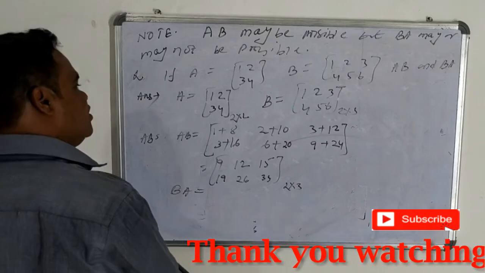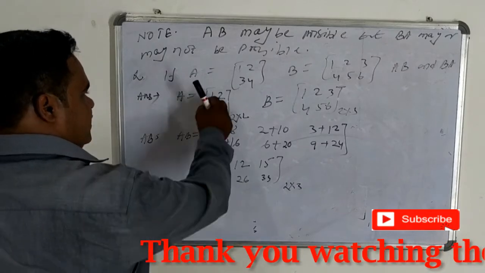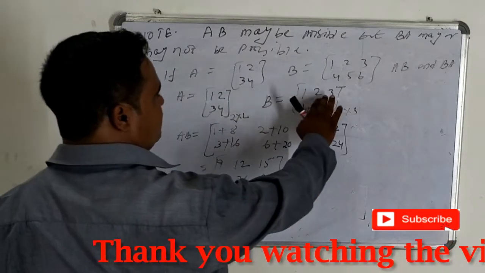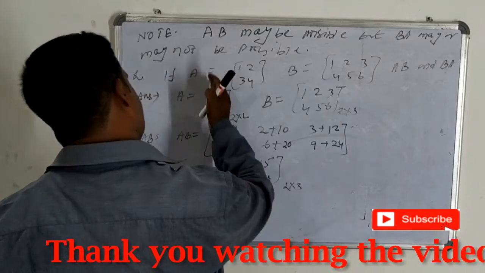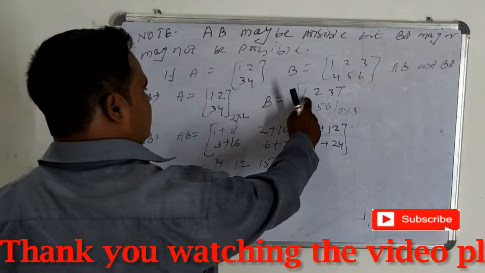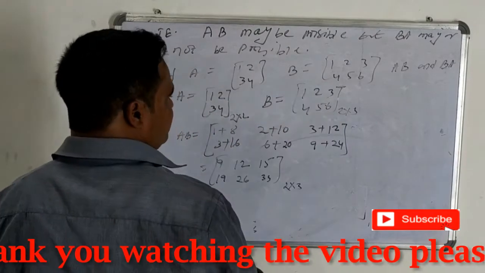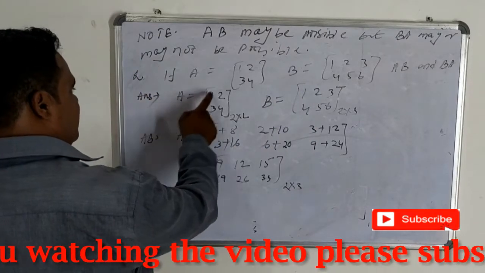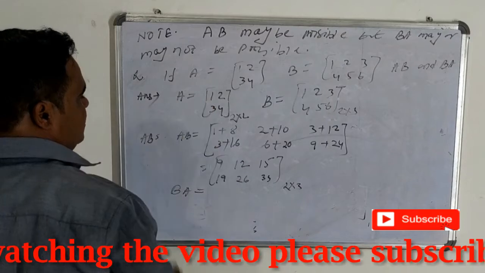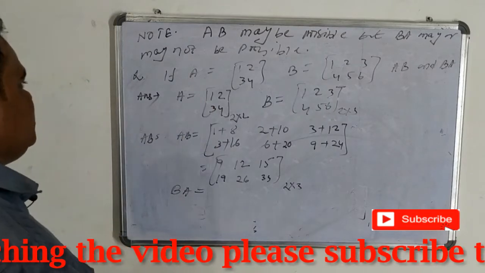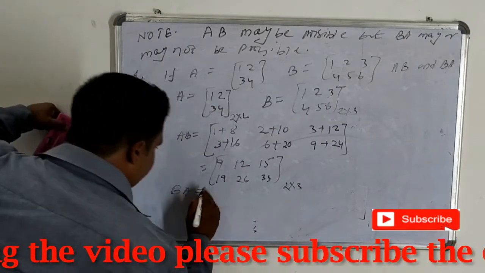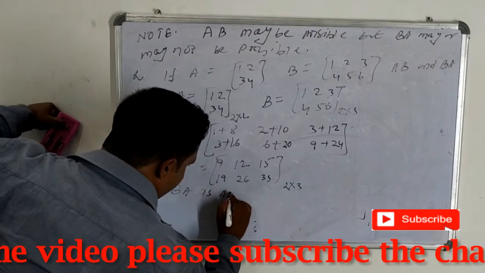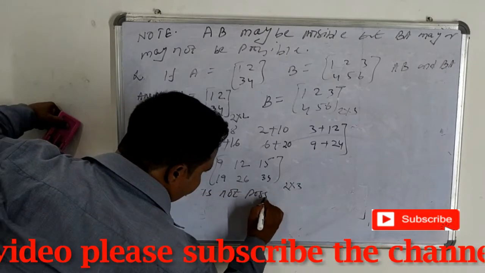BA is not possible because the number of elements in the first row of B and the first column of A are not the same. If there are 3 elements here and 2 elements in the column here, then matrix multiplication is not possible. So BA is not possible.